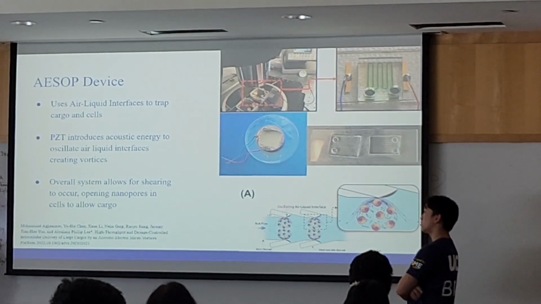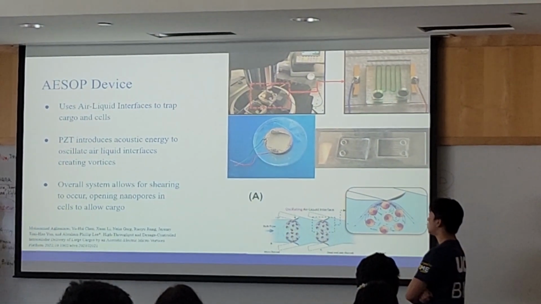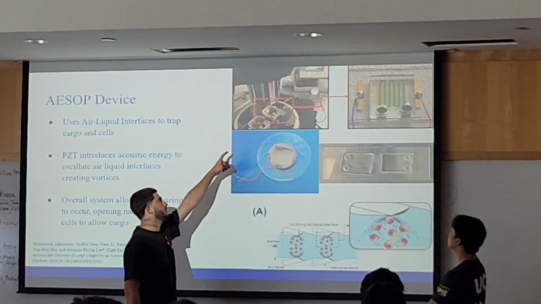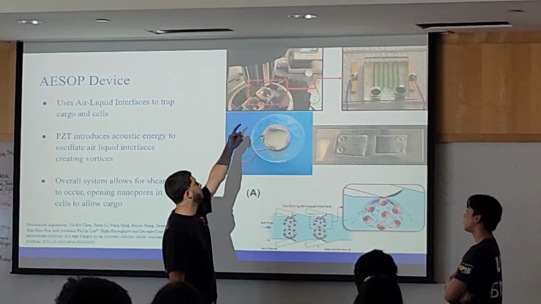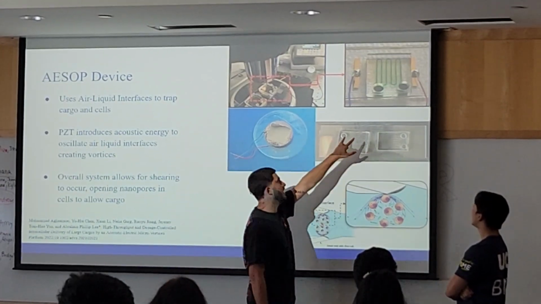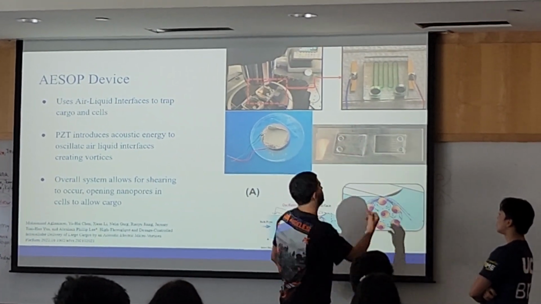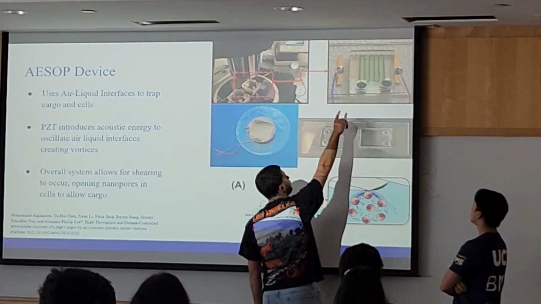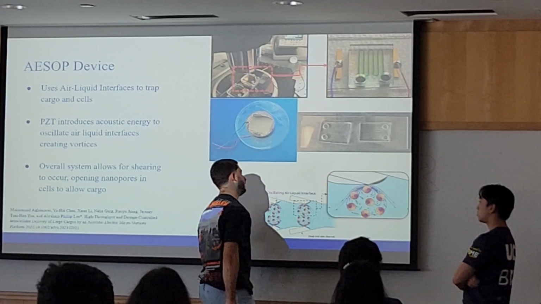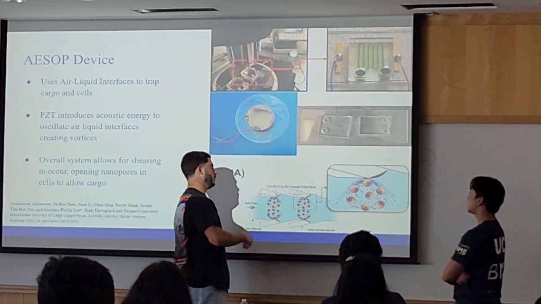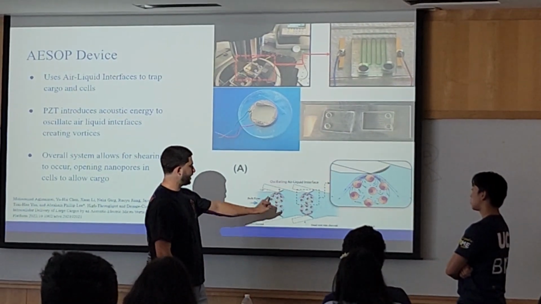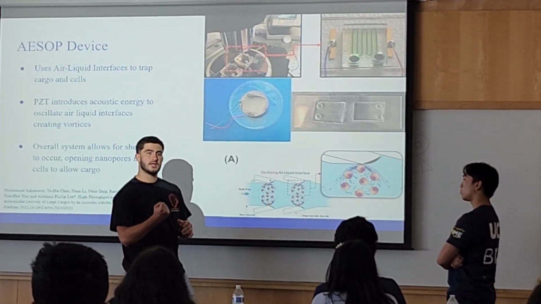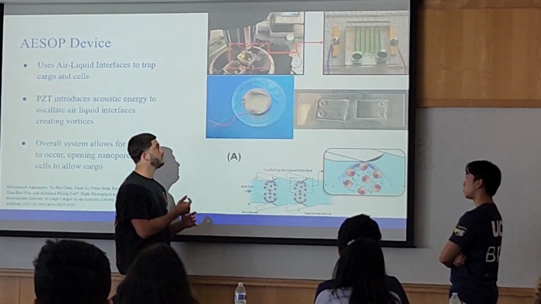For the ASOC device, this is the device that allowed us to track the cells and look underneath the microscope. As you can see at the top, it's the chip that we used underneath the microscope. We had an input and an output, and we input the cells in one, and then they would flow through the air-liquid interface and go through these vortexes that would allow them to be sheared, opening up their pores, allowing the cargo to enter the membranes.